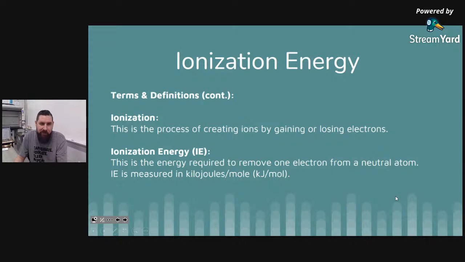So ionization energy is the energy required to remove one electron from a neutral atom, but because that's typically such a small amount, we look at actually removing 1 mole of electrons from 1 mole of atoms, and hence why we measure this in kilojoules per mole. Okay? Not just a single atom, but each individual atom, or moles of atoms, rather.